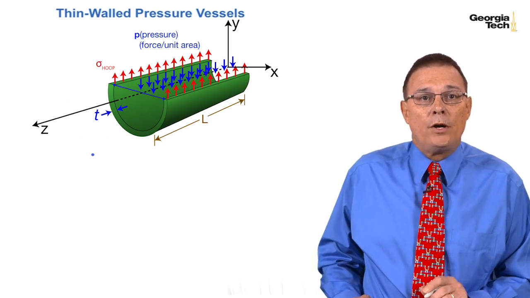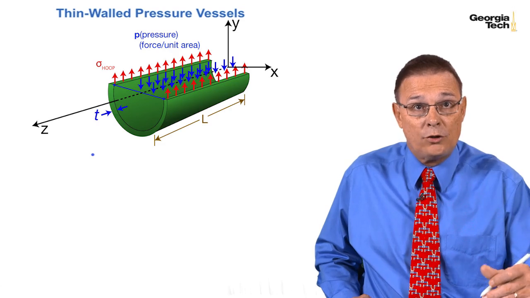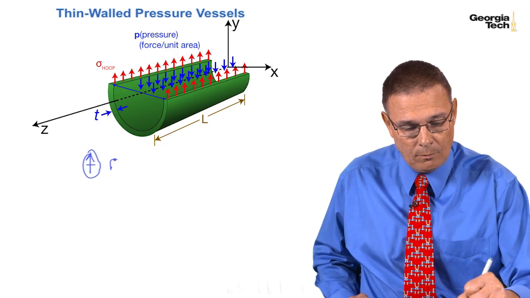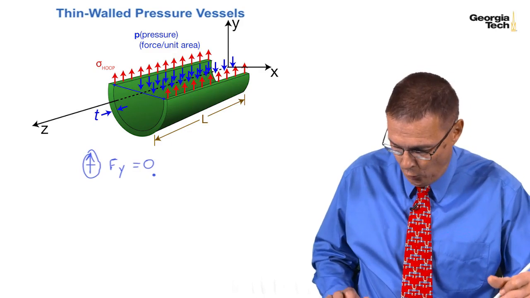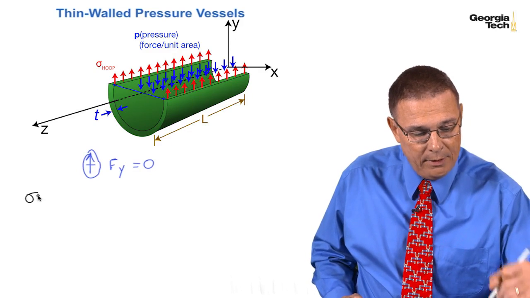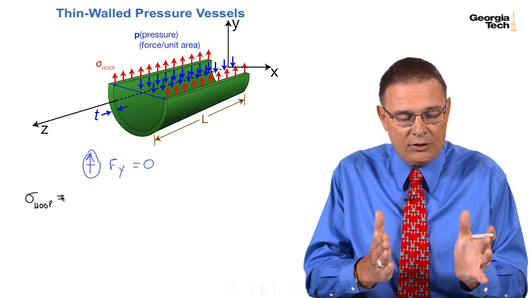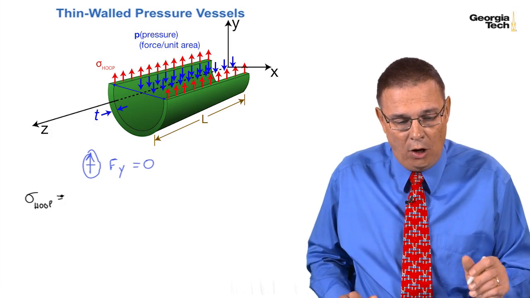And so again, we're going to apply the equations of equilibrium. In this case, I'm going to sum forces due to these stresses in the y direction and set them equal to 0. And so I have my hoop stress up times its area, and in this case I've taken a section cut that I'm calling a distance L long.